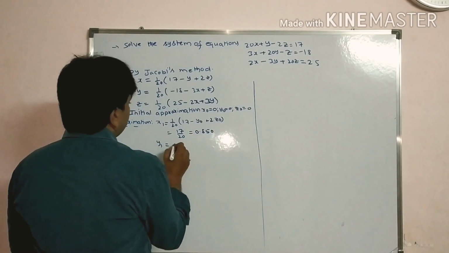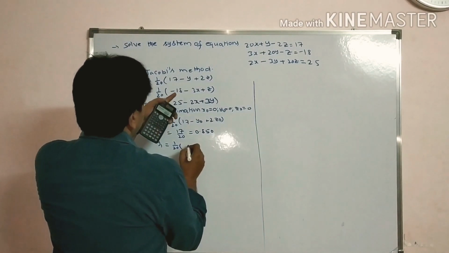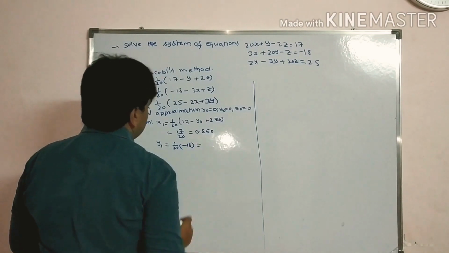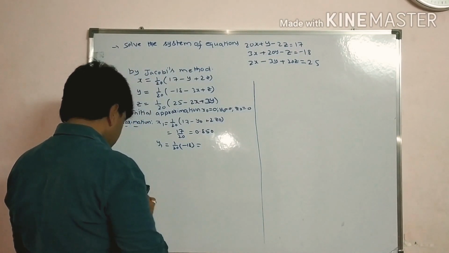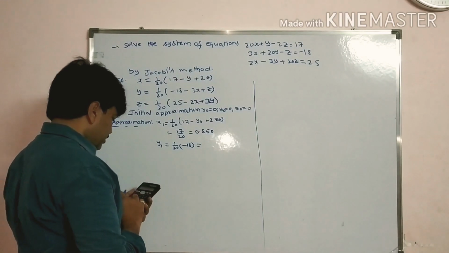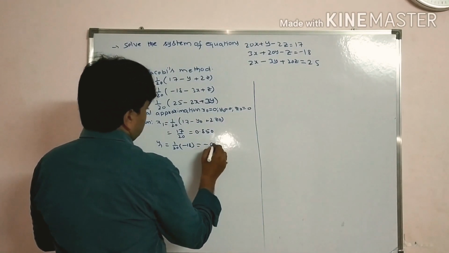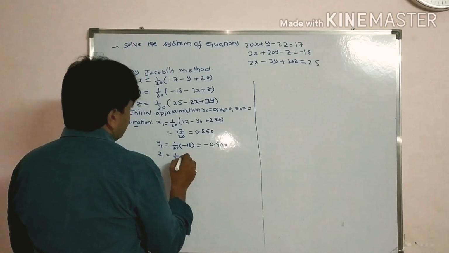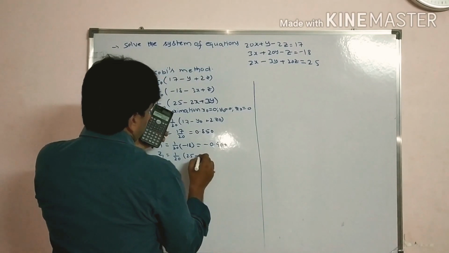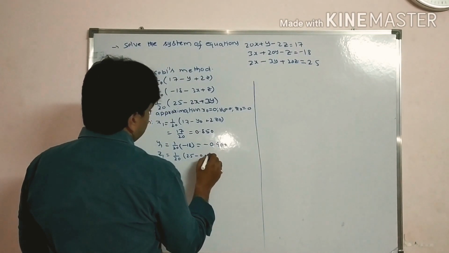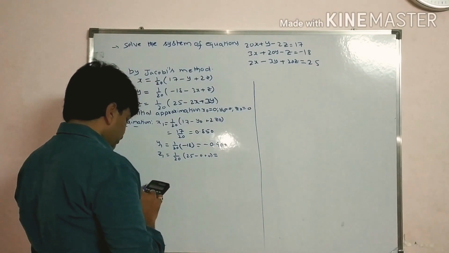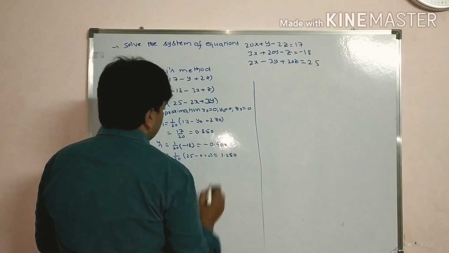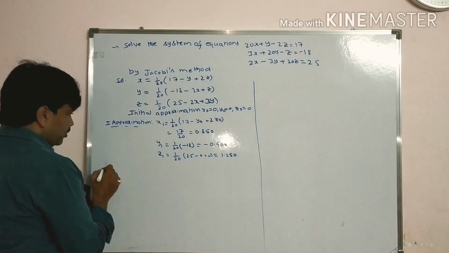Now y1, 1 by 20 bracket minus 18 minus 3x naught plus z naught, the values are 0, so minus 18 by 20, that is equal to minus 0.900. And z1 value is 1 by 20 bracket 25 minus 2x naught plus 3y naught, the remaining values are 0, that is 25 divided by 20. So we get here 1.250.